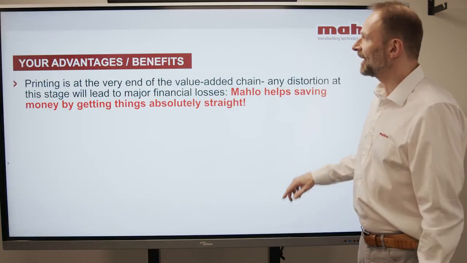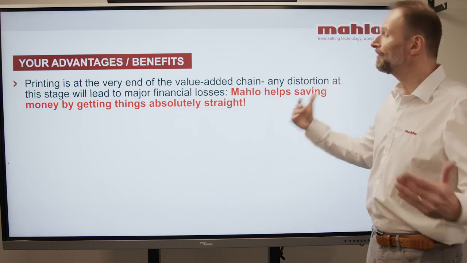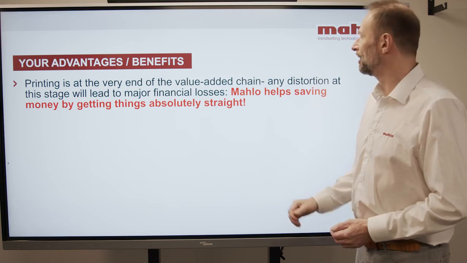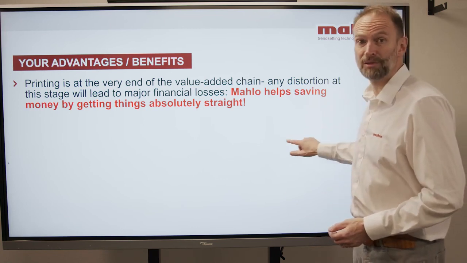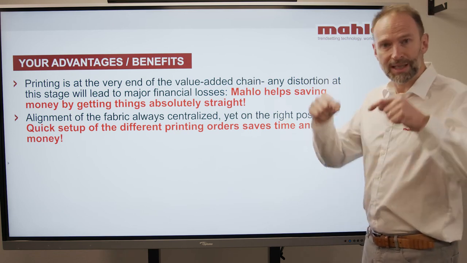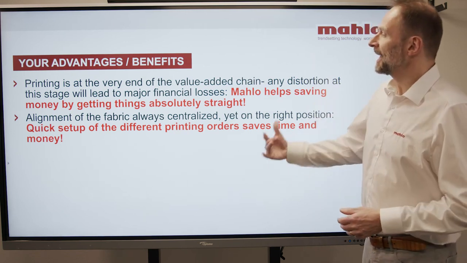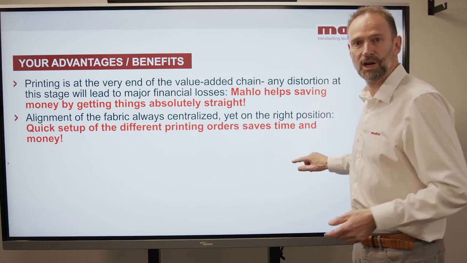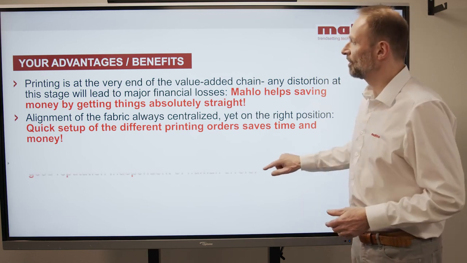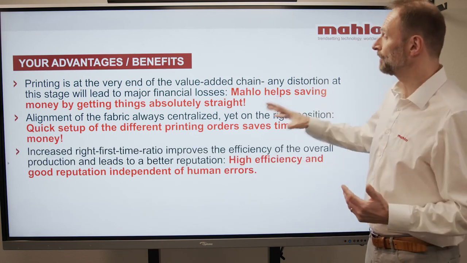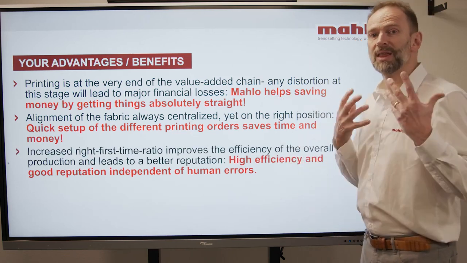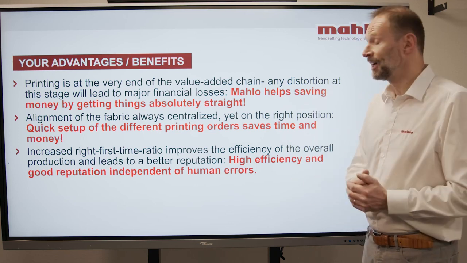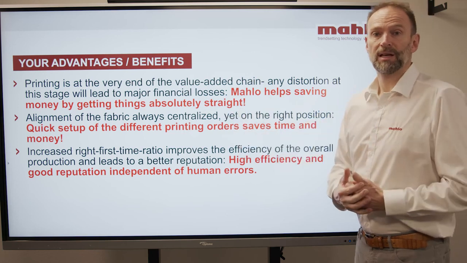So once again, summarizing, the printing is the very end of this value-added chain. This is what I told you right now. You save a lot of money when you put the right machine at that space. The alignment of the fabric is sometimes centralized if you are looking at other printed goods. So here we are also having a solution, but very important for you is that with an increased right first time ratio, you improve the efficiency of your overall production as well.